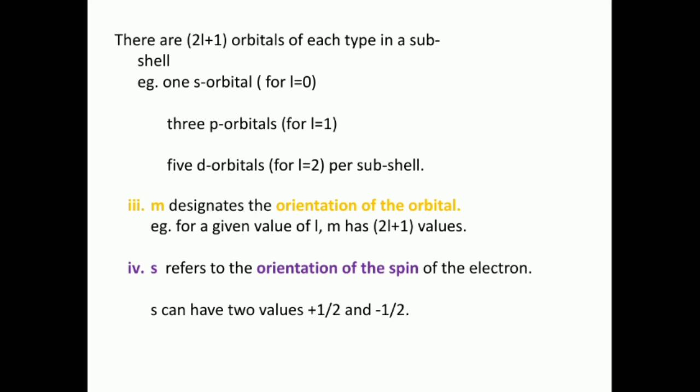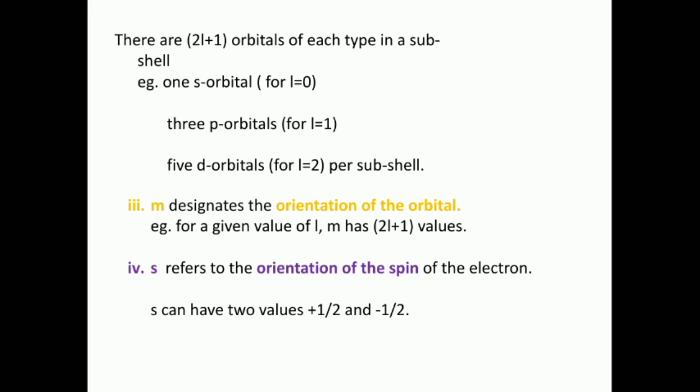For a particular orbital, let's say the 2s orbital, we can accommodate only 2 electrons, as we have mentioned earlier. So these 2 electrons can have one spin particularly, either plus half or minus half, spin up or spin down.